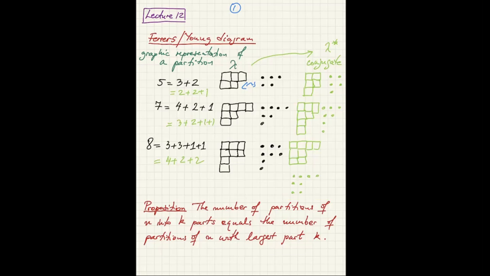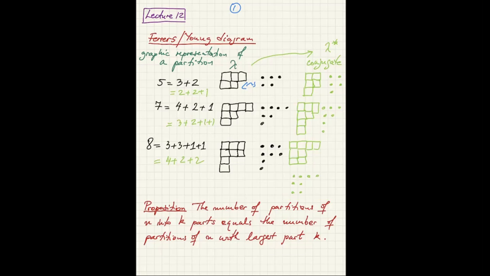Now, from this simple observation, we can deduce a proposition, which is that the number of partitions of n into k parts is the same as the number of partitions of n in which the largest part has size k.